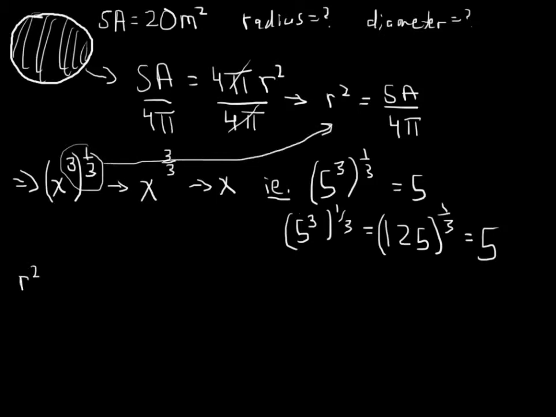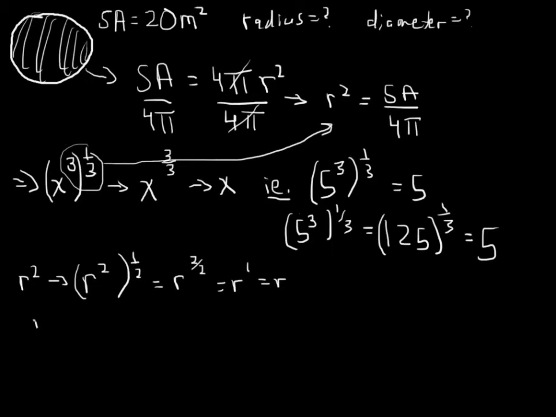So we have r squared. How do we get r by itself? Well, we'll put it to the power of 1/2, also known as the square root. The exponents are going to be 2 times 1 over 2, which is 2 over 2, which is r to the power of 1, because 2 over 2 is just 1 over 1, which is just r.